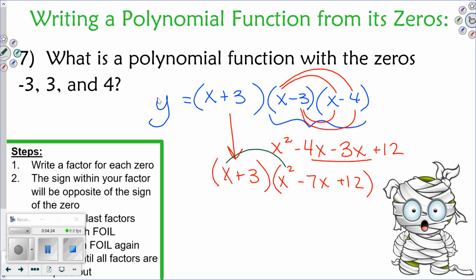So we have to distribute here. So we get x cubed minus 7x squared plus 12x. For whatever reason, I get students who do fine to here, and then suddenly they get themselves lost on the next step. What am I doing next? Distribute the 3. What does the 3 get multiplied by?